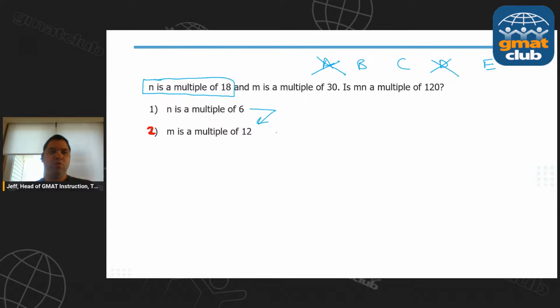If you couple this with statement 2, that's not going to give you any new information because you already know that n is a multiple of 18. And that, of course, supersedes the fact that it's a multiple of 6.